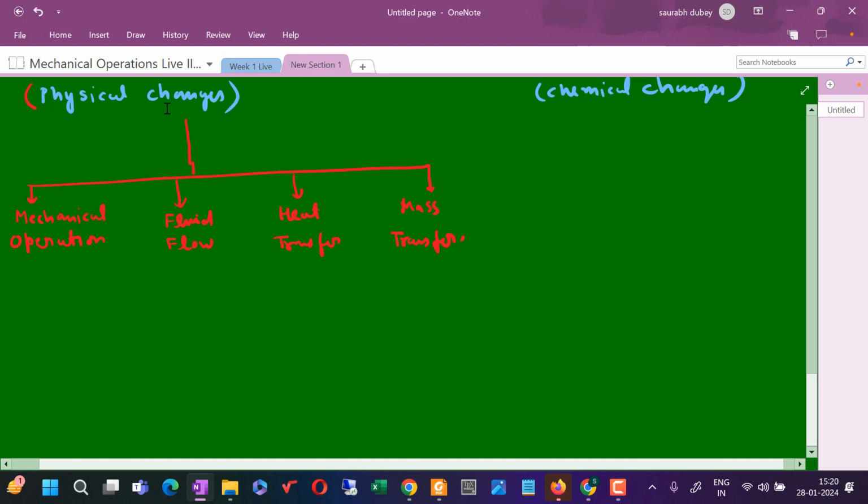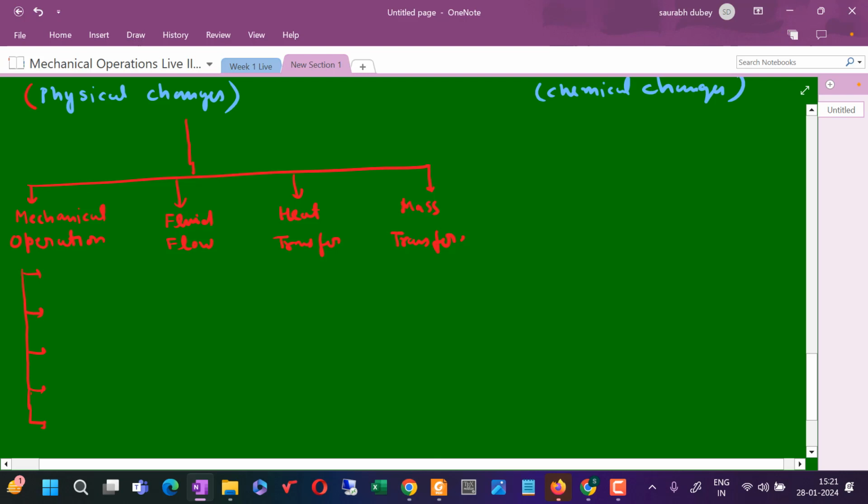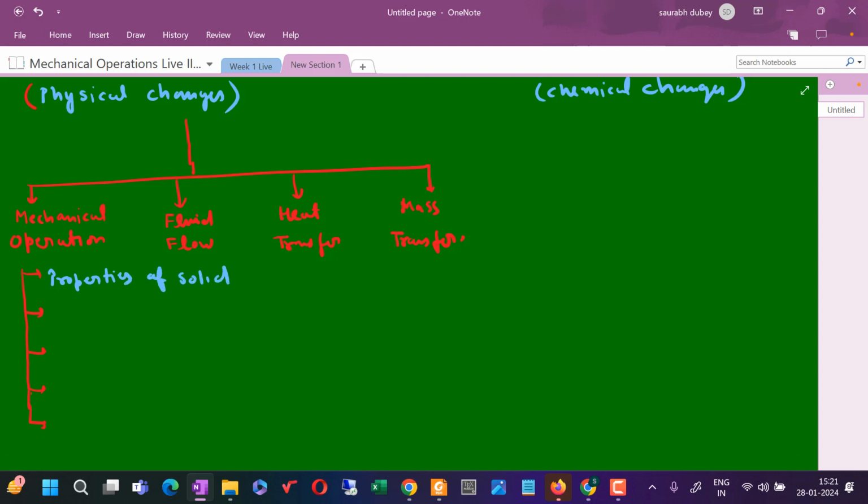And further in the mechanical operation section, if you go further down, what are the main things that we will be looking at here? That is properties of solid, then size reduction, then size separation, that is all about sedimentation.